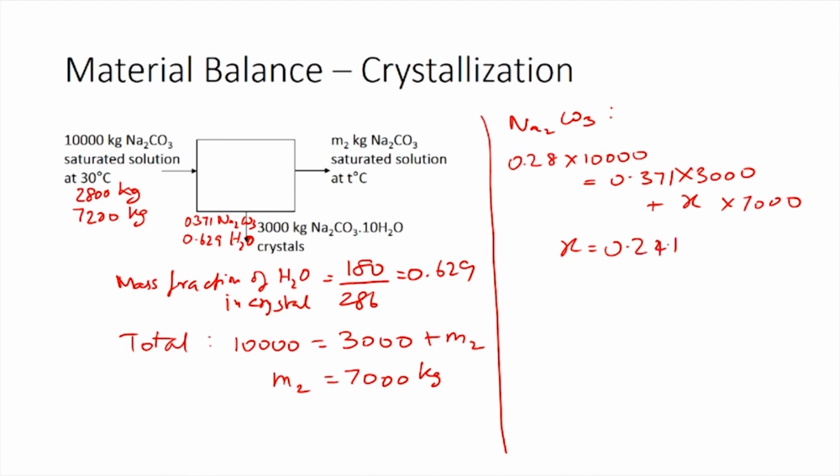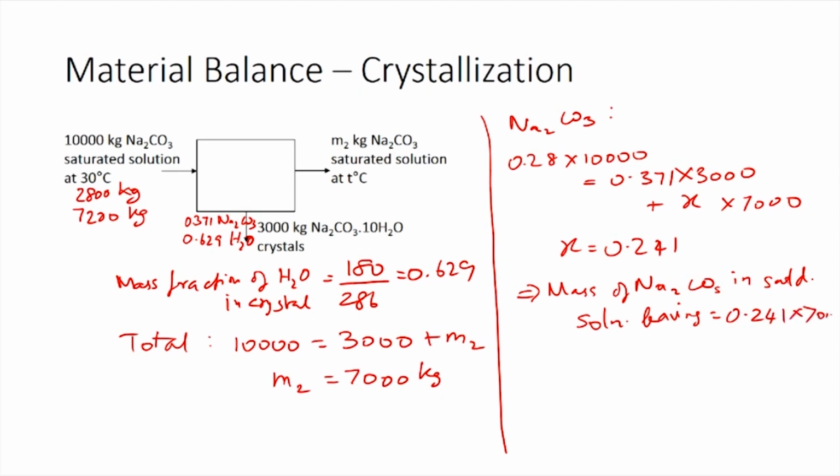So, based on this, mass of Na2CO3 in the saturated solution leaving is equal to 0.241 times 7000, which gives you a value of 1687 kilograms.